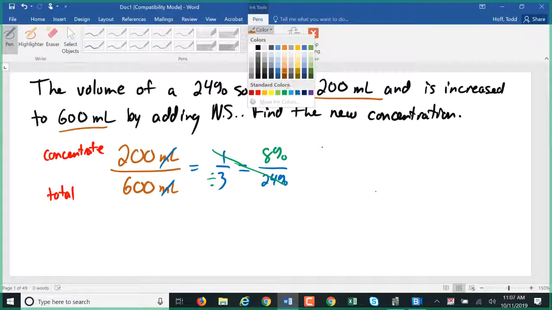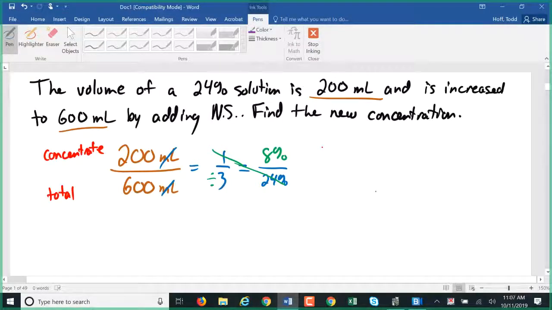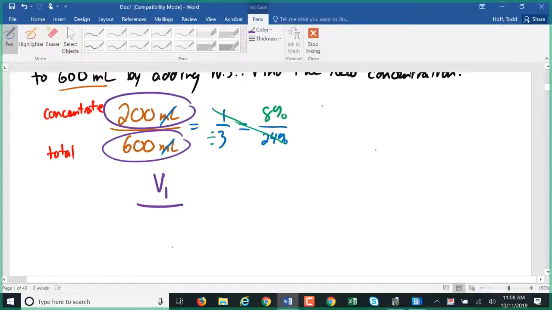If you look at this formula closely, taking it back to this original ratio here, 200 milliliters represents the initial volume. I'm going to label that volume 1. That's the volume before the dilution. The 600 milliliters represents the volume after. I'm going to call that volume 2, V with a little subscript 2. On the other side of this, 1 to 3, the 1 represents the 8%.